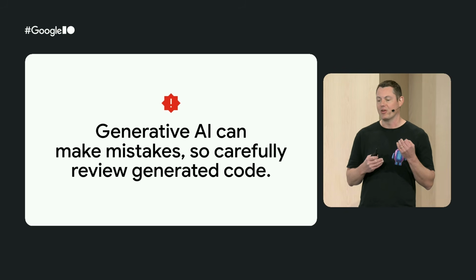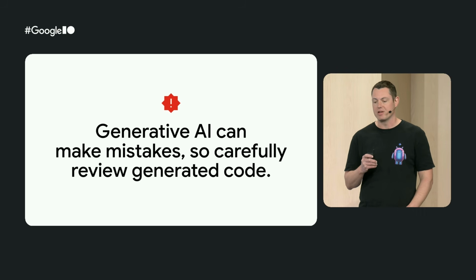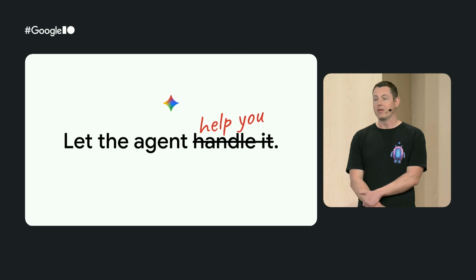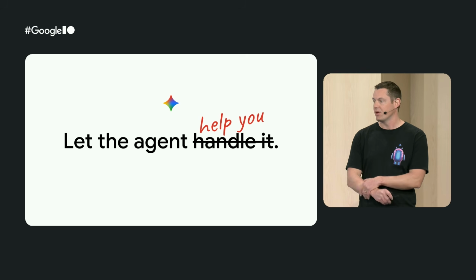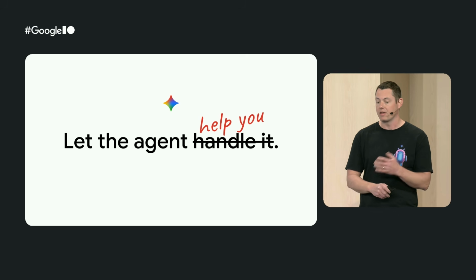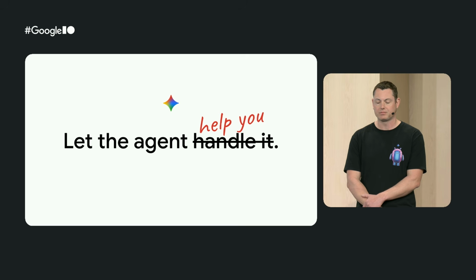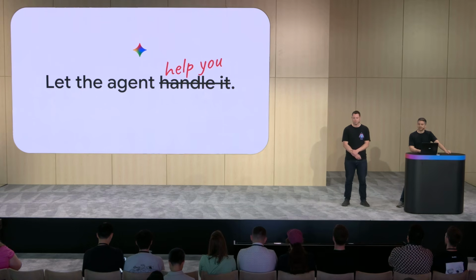So the more you know about the tools and APIs, the better your prompts, the better your plans, and the better your code reviews. Plus, agents can make mistakes, so you need to be able to review any generated code. So in this talk, we'll give you the guidance and API information you need to get high-quality code from your AI agent. All right, let's switch to the laptop.